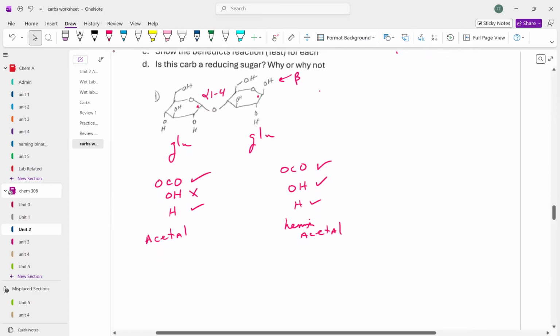Now, because it's got a hemiacetal, the Benedict solution is going to be positive because that's the part that's going to be oxidized. The other part on the left is not going to be touched because it's a full-blown acetal.